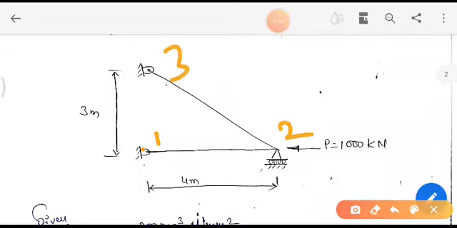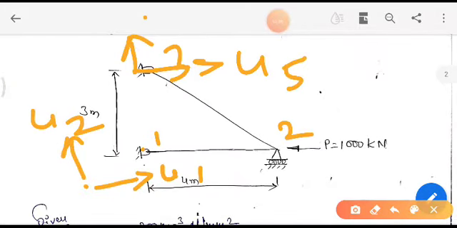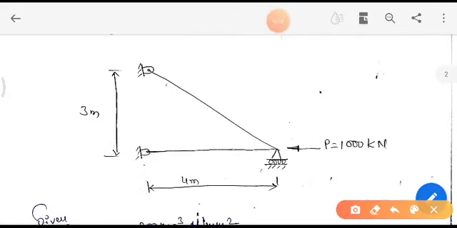Node 1 is fixed in both the x direction and y direction, meaning u1 is fixed and u2 is fixed. Whereas node 3 is fixed in horizontal and vertical directions, meaning u5 is fixed and u6 is also fixed. What about node 2?